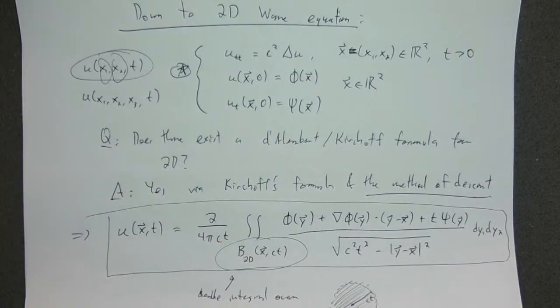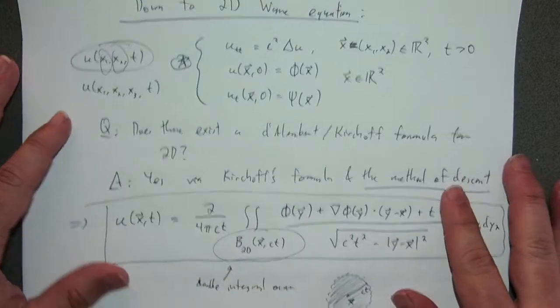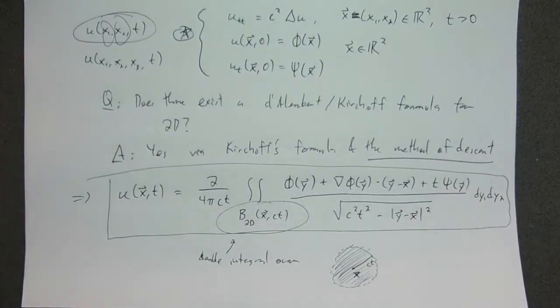Okay. So again, this Huygens principle is false in 2D. Disturbances do not propagate on sharp fronts. At any given position, one feels disturbance at all later times, just like in the 1D case.